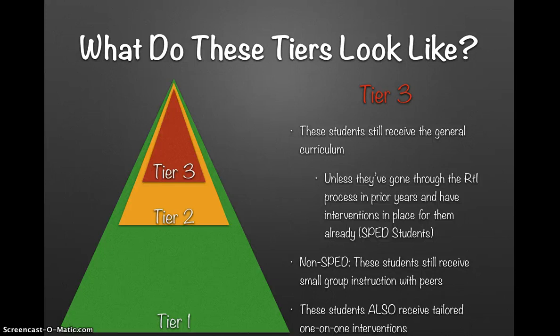All right, Tier 3. These students still receive the general education curriculum. However, I do want to mention these students may have gone through the RtI process before, and they may have interventions already in place for them. If this so happens, these students might not receive the general ed curriculum. For example, my school is a Read 180 school.